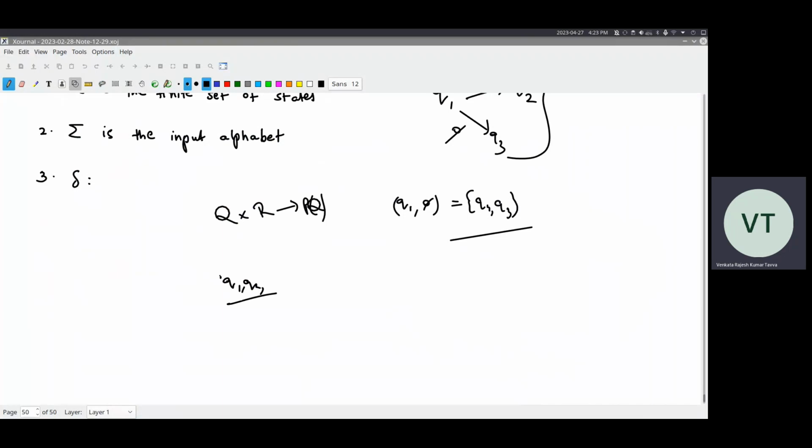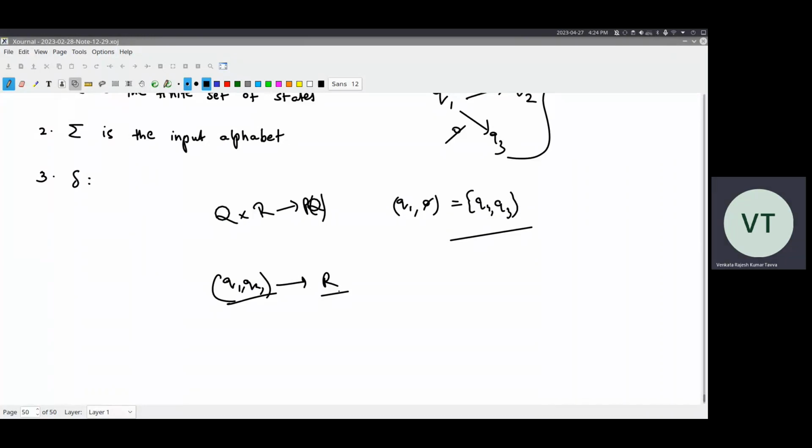So you take these two states as input and a regular expression as output, because there is only one arrow between any two states. If you have more arrows, you will condense them to one. So now the mapping is simple: input is two states, output is one regular expression.